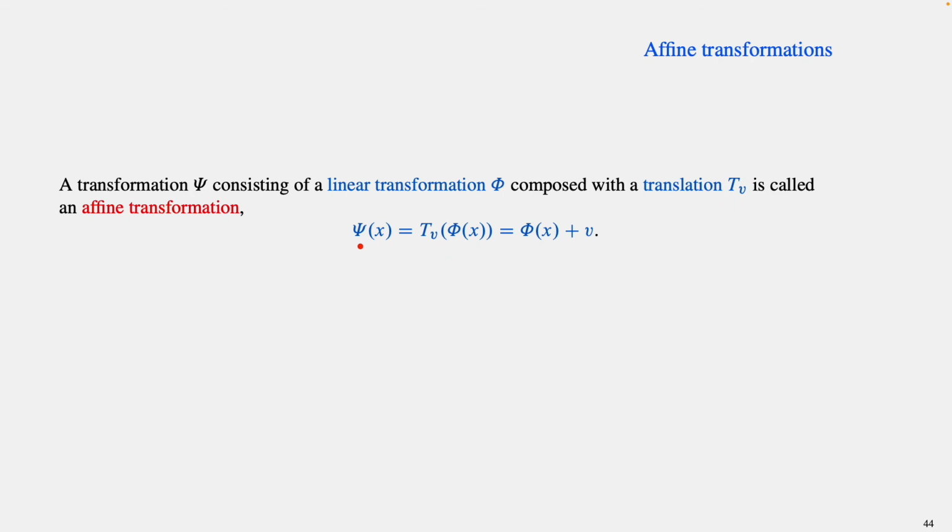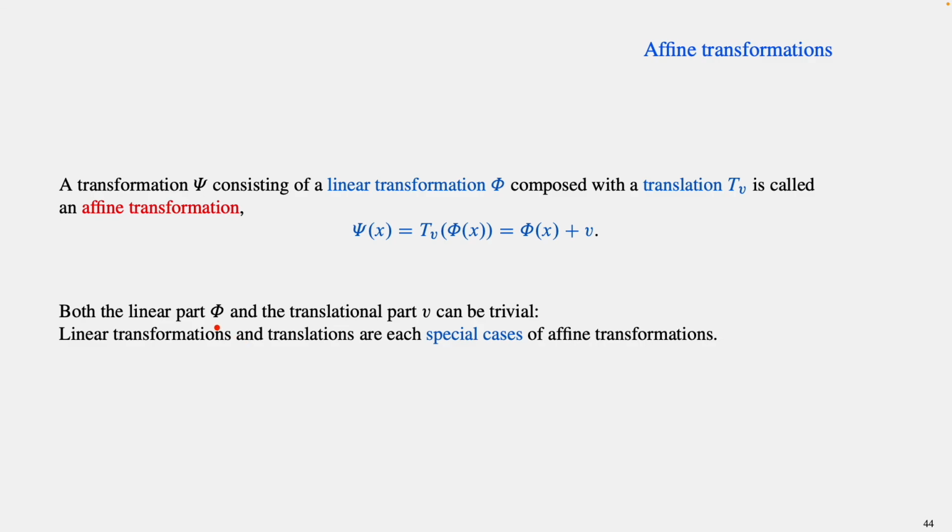So psi of x, if it's affine, is of this particular form: the linear map phi applied to some vector x, followed by translating by a vector v. And note, in this definition we allow both the linear part and the translational part v to be trivial. So this could be the identity map or this could be the null vector. So linear transformations and pure translations are special cases of these affine transformations.